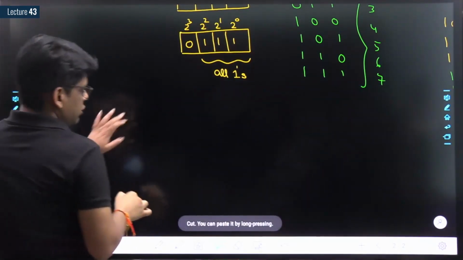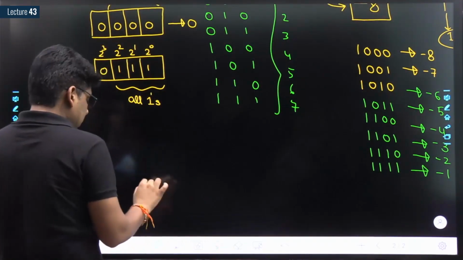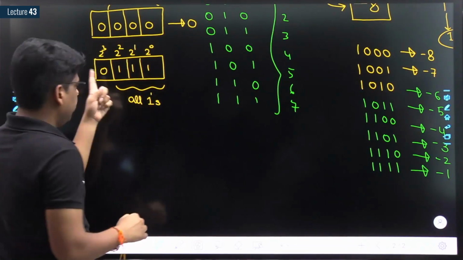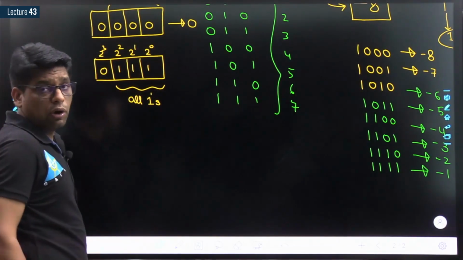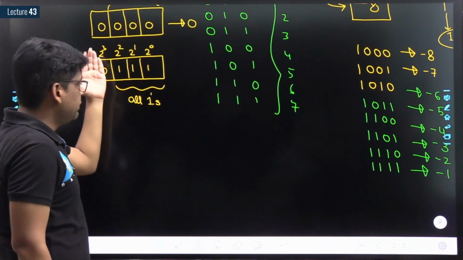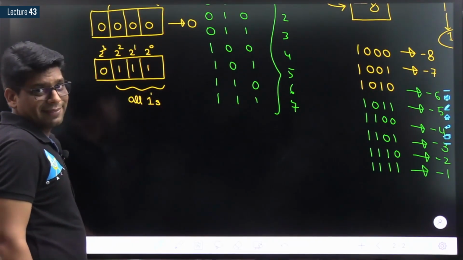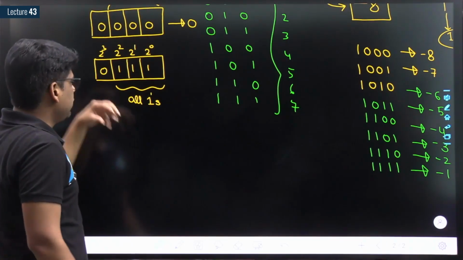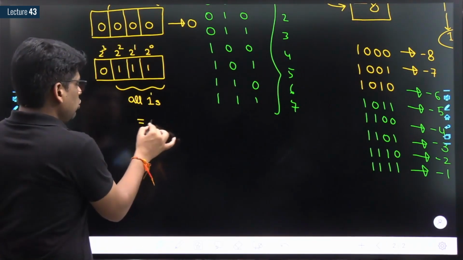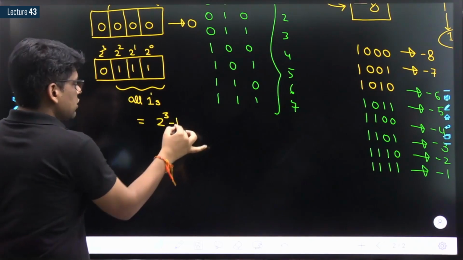That means if I ask you what is the maximum value, see, sir, 4 bits are there, one is reserved for sign bit. How many bits are left? 3. And what is the maximum value when all are 1? Just now we have computed when we have 3 ones, what is the value? 2 to the power 3 minus 1.